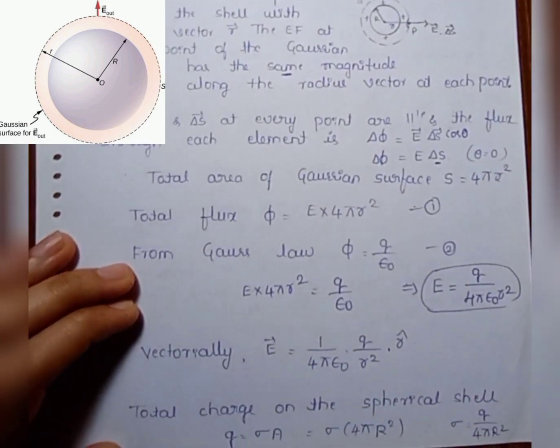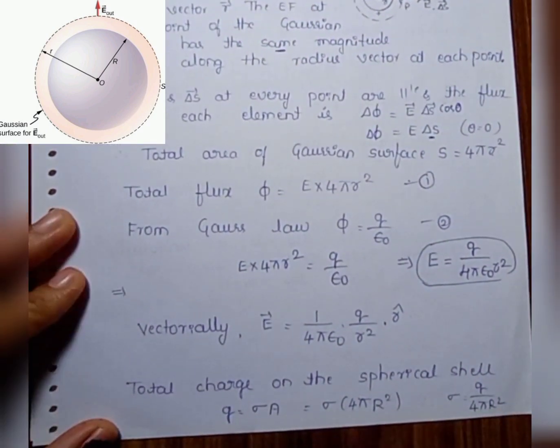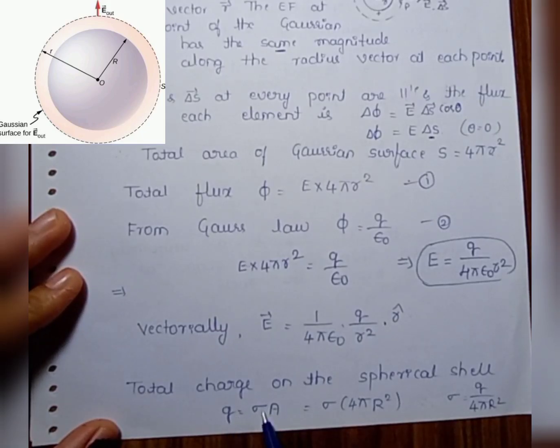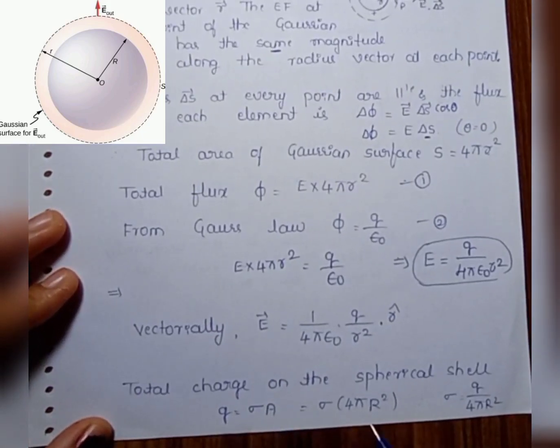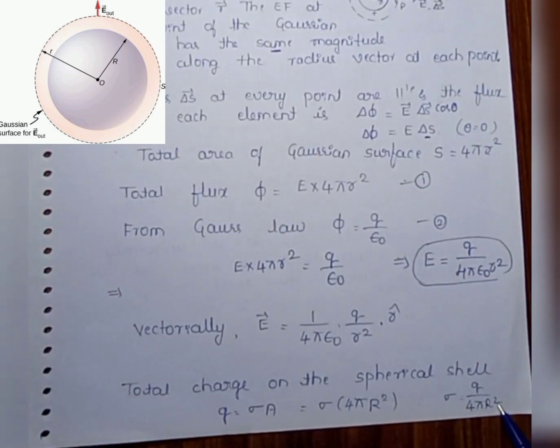Total charge on the spherical shell is Q is equal to sigma into A, sigma into the area of the sphere, 4 pi r square. Therefore, sigma can be written as Q divided by 4 pi r square.